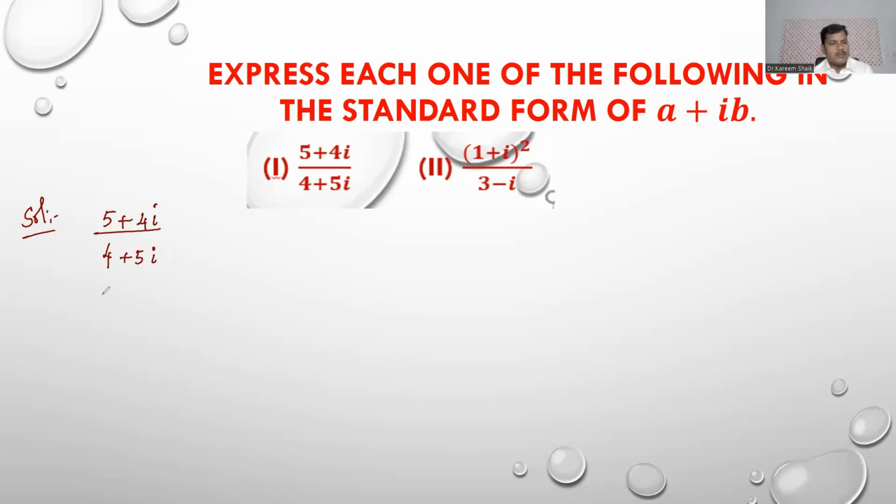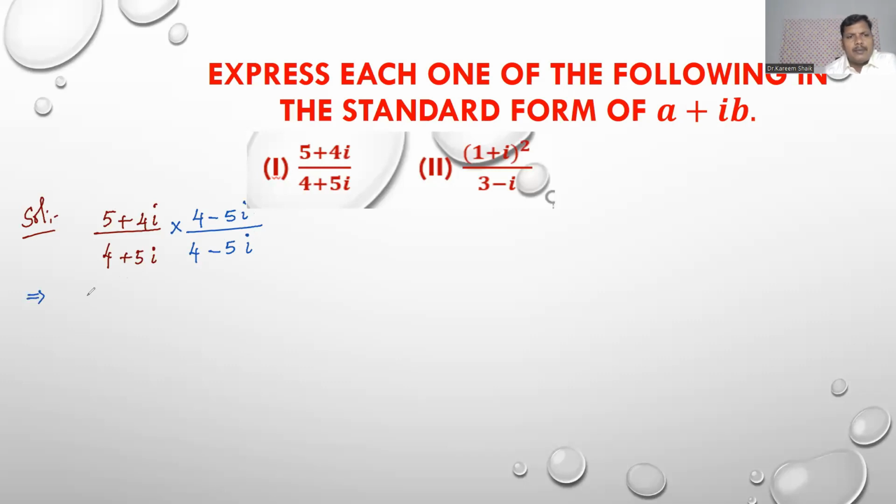We know what is meant by the conjugate of a complex number: if we change the sign of its imaginary part, we get the conjugate. So I multiply both numerator and denominator by 4 minus 5 iota, since 4 minus 5 iota is the conjugate of 4 plus 5 iota.